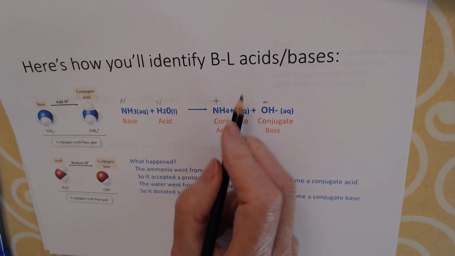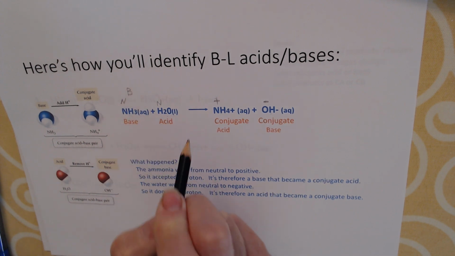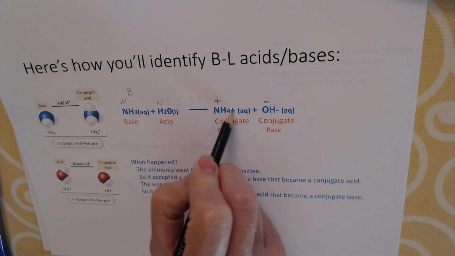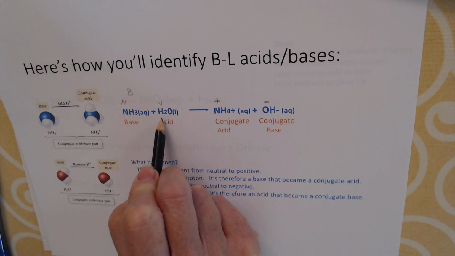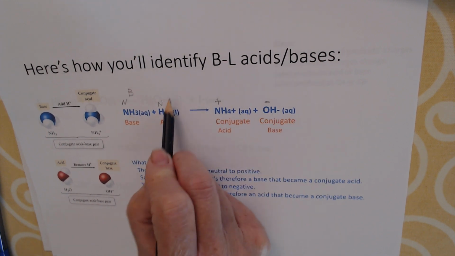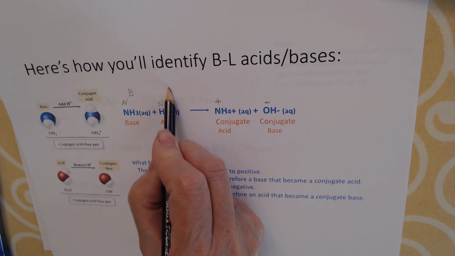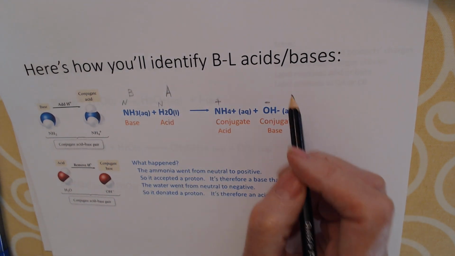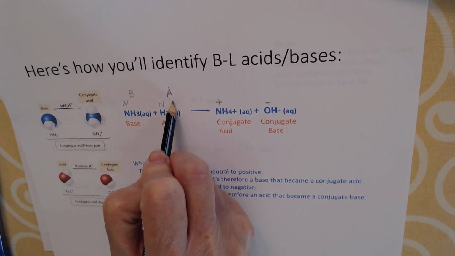So this is a base here because it is going to be accepting a proton. Then we look over here and say acids donate. Did this guy donate? Yes. He went from neutral to negative, so he lost his positive charge. So he was an acid that donated. Okay? So I've got my base and my acid figured out.